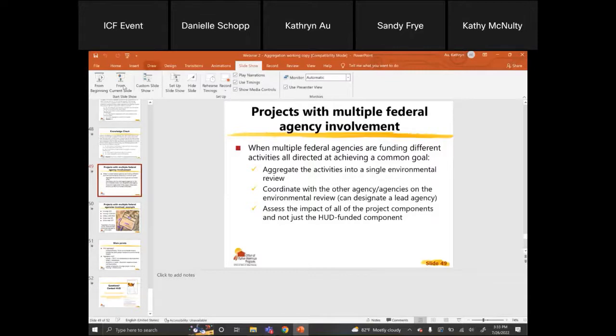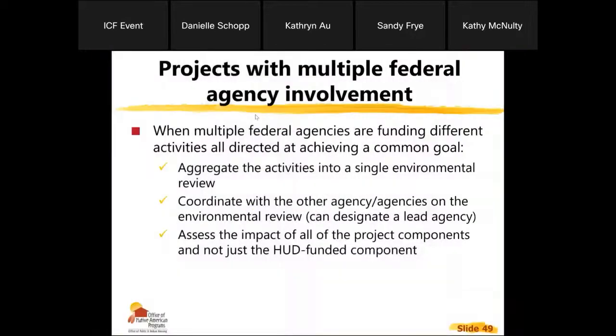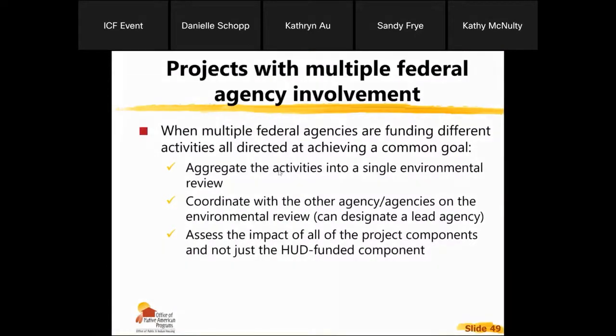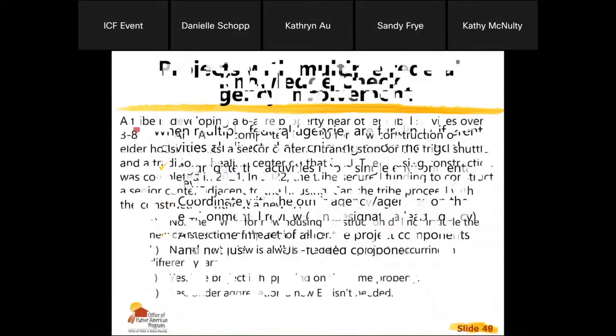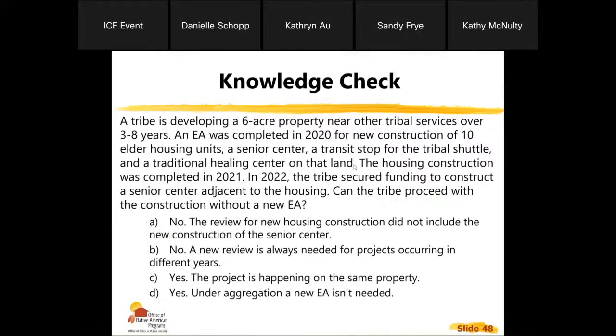Yeah, supplemental assistance is what you document with the CENST. Otherwise, I don't know which example I did that for. Yeah, for the knowledge check, you would not need a new environmental assessment. You would just do a new CENST.